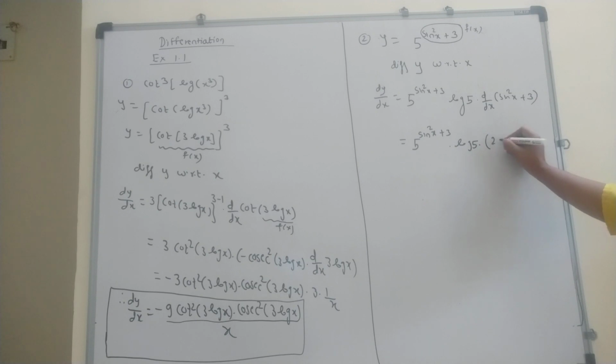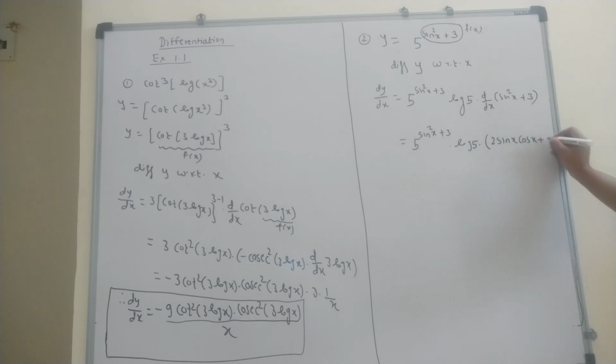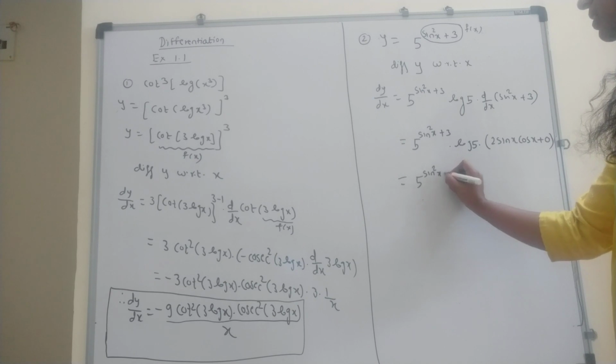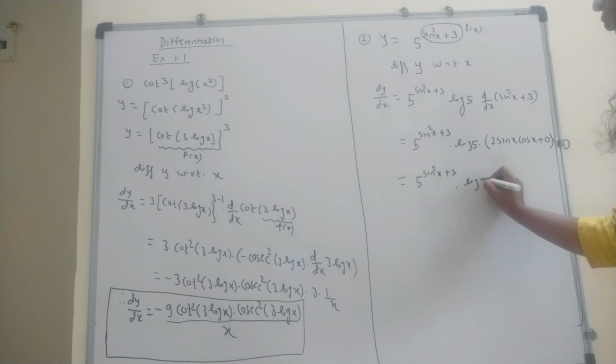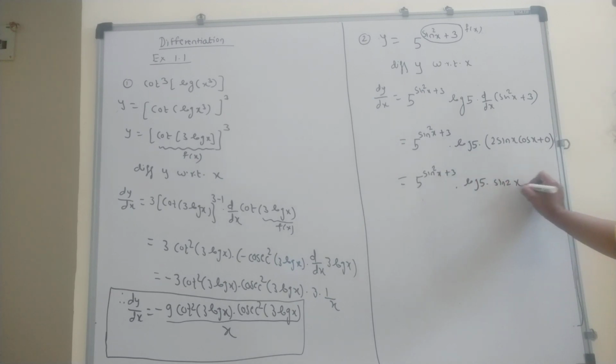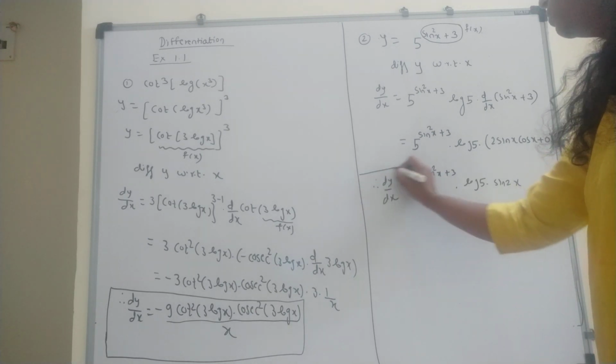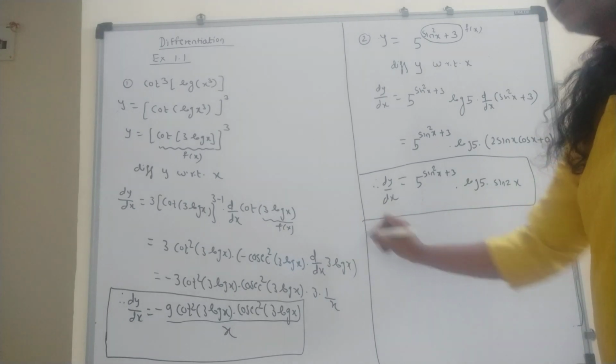It is n f(x) raised to n minus 1, that is 2 sin x multiplied by the derivative of sin x, that is cos x, and 3 is a constant, so its derivative value is 0. 2 sin x cos x we write as sine of 2x, the double angle formula. So this is your final dy by dx value.